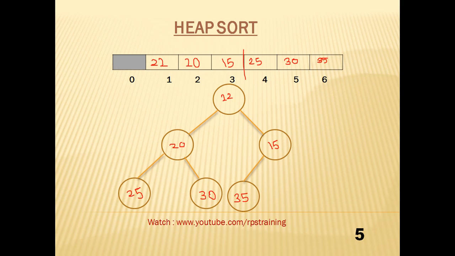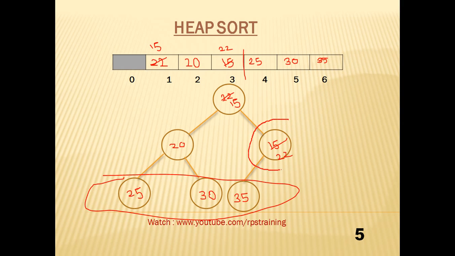Again interchange with the root, fourth last with the fourth last, 22 and 15. It will be 15 and 22. These are eliminated items, 22.